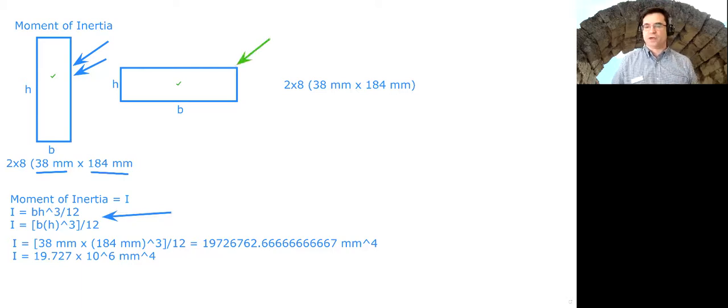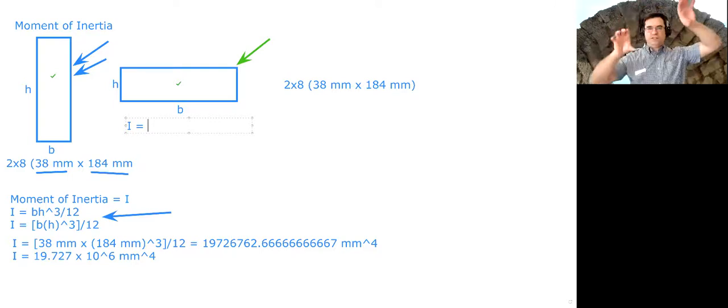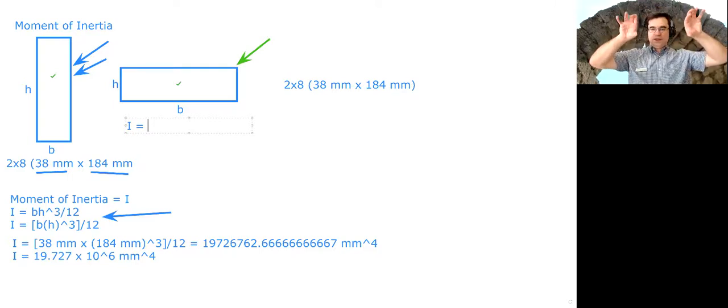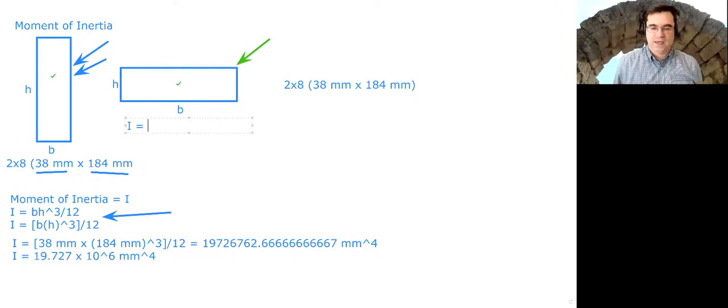So let's try now maybe doing this. Okay, let's repeat this process, but let's calculate the moment of inertia for this one. Great. So let's go here. Moment of inertia for this shape is the same formula, right? So BH cubed divided by 12. Now, look at this though, because we've shifted the beam and rotated it as a 2 by 8. Now, the base is that long direction.